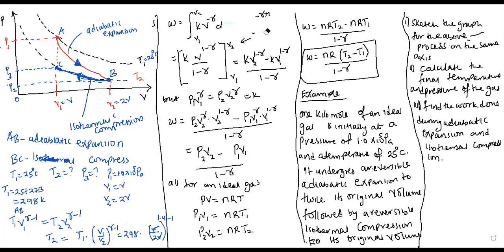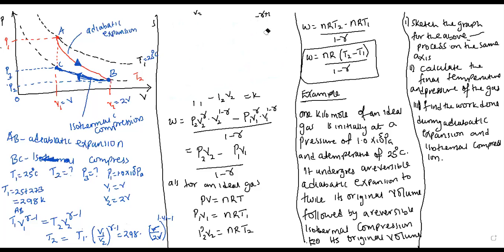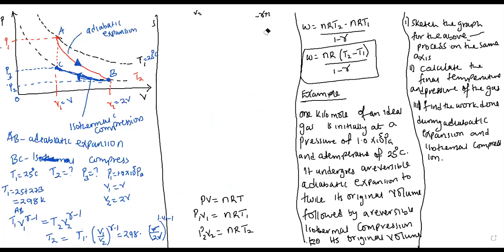Calculator, when you compute, what do you get? Press the calc and give me the answer. You're computing T1, which is 298, times 0.5 to the power 0.41.